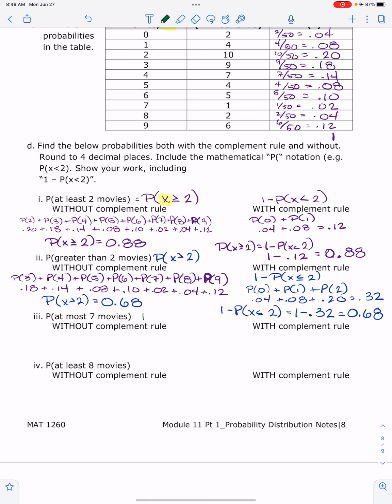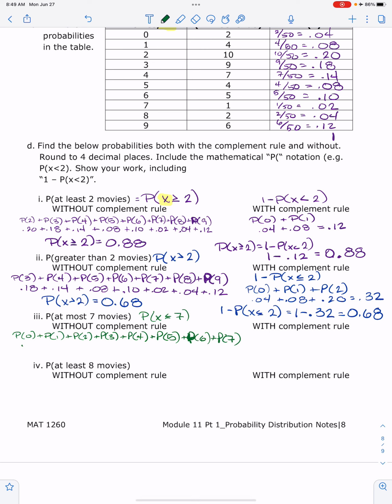Probability of at most 7 movies. At most means X is less than or equal to 7. So this is the probability of 0, 1, 2, 3, 4, 5, 6, and 7.